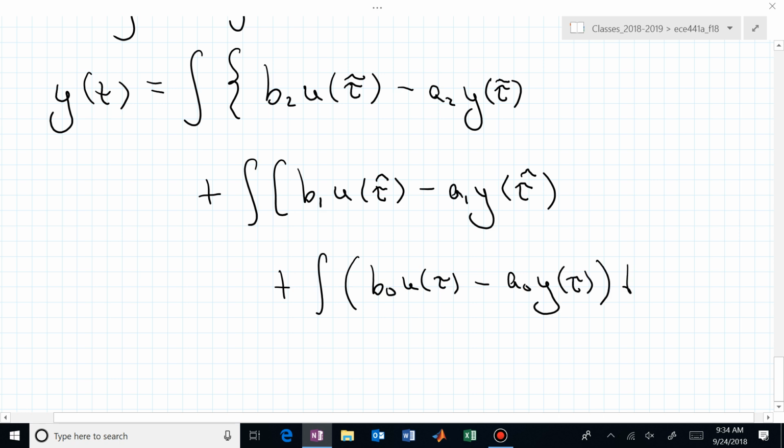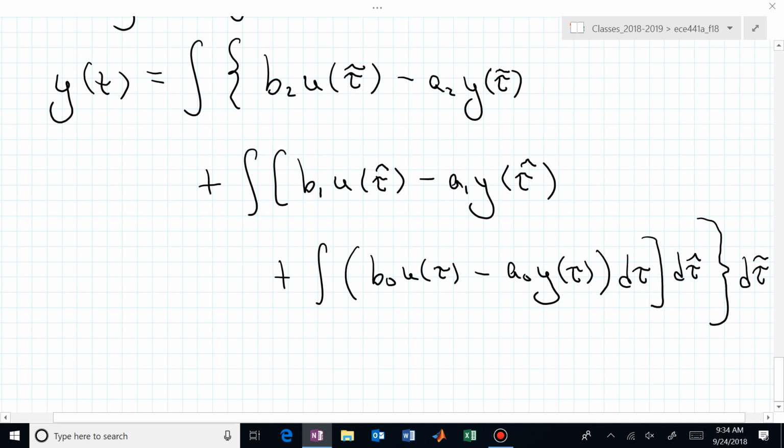Close that one up with a parenthesis d tau. Close the second one up with a square bracket d tau hat. And close up the last one with a better looking curly bracket d tau tilde.